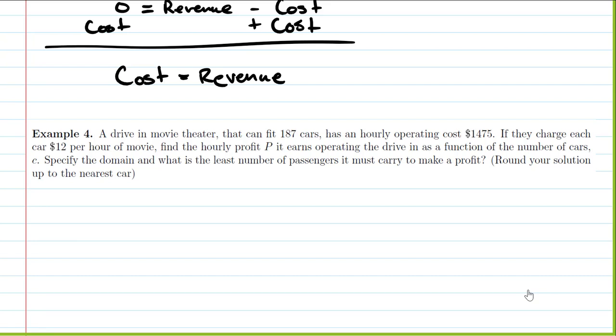If they charge each car $12 per hour of movie, find the hourly profit P it earns operating the drive-in as a function of the number of cars C. Specify the domain and what is the least number of passengers, or the least number of cars, to make a profit. Round your solution to the nearest car.